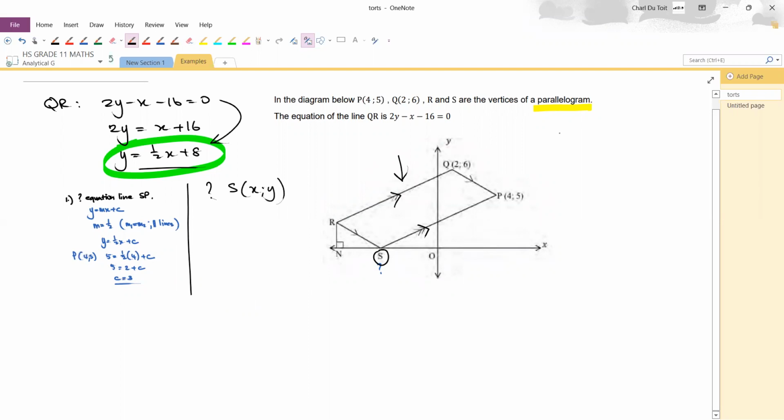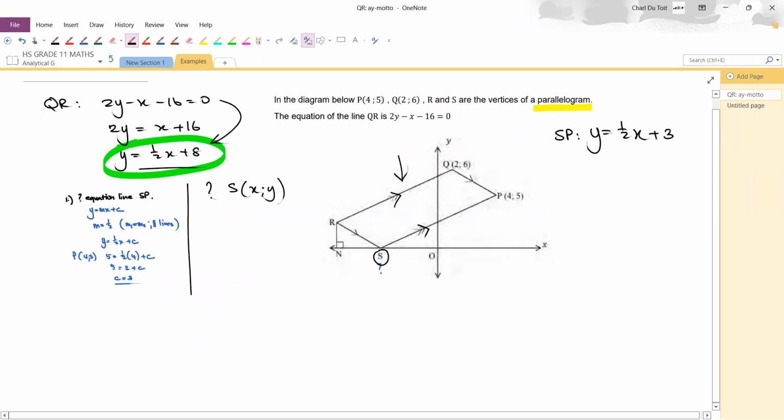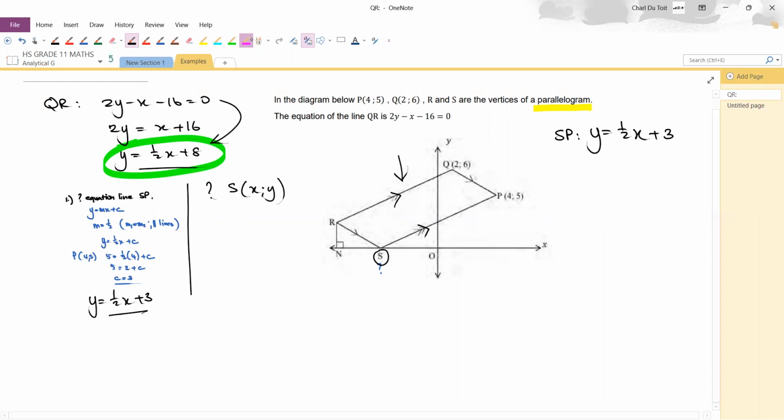See, we've got that line SP as y equals a half x plus 3. Well, we didn't write that out. y equals half x plus 3. So how can I get the coordinates of S? Can you help me?